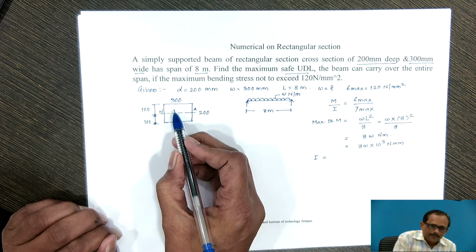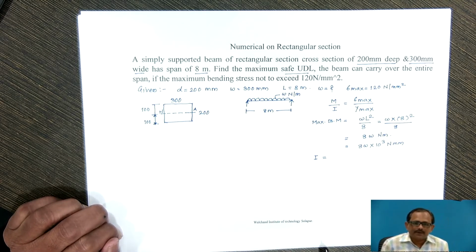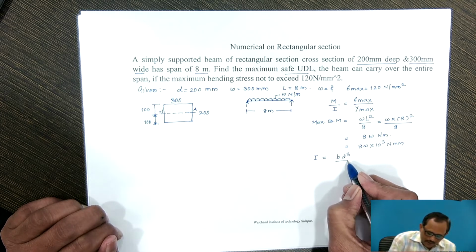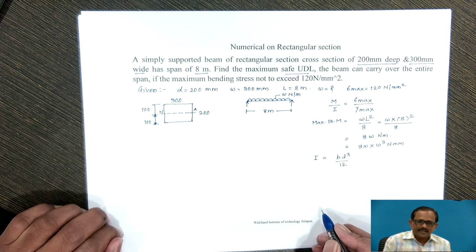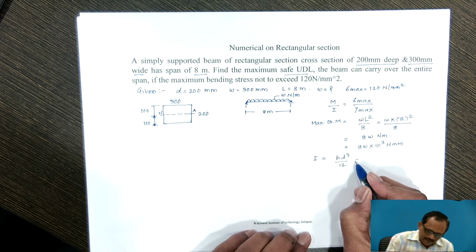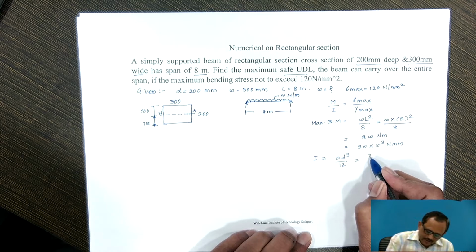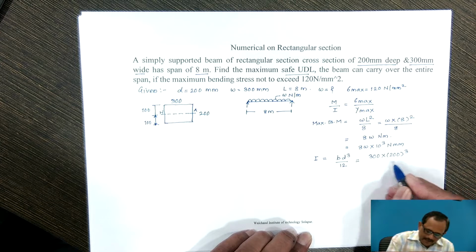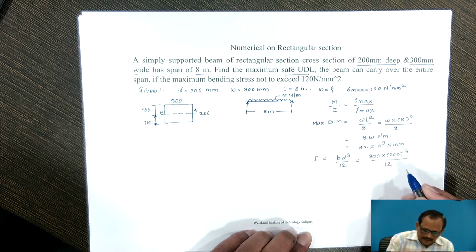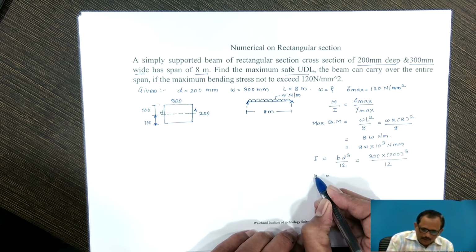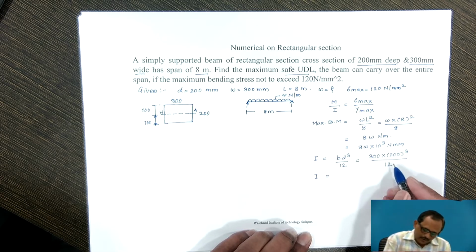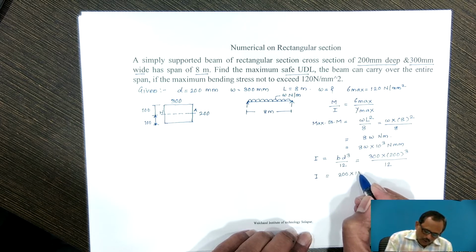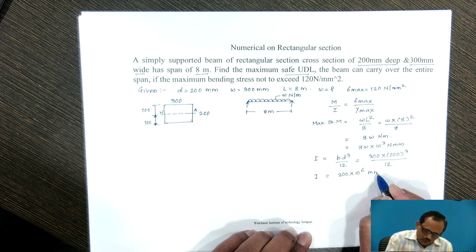So, the moment of inertia of this rectangle section about the neutral axis is given by BD cube upon 12. Putting the value of width and depth, 300 into 200 cube divided by 12, and calculating, the moment of inertia will be 200 into 10 raised to 6 mm raised to 4.